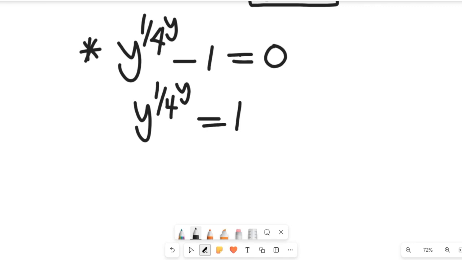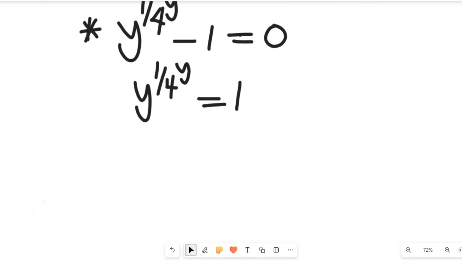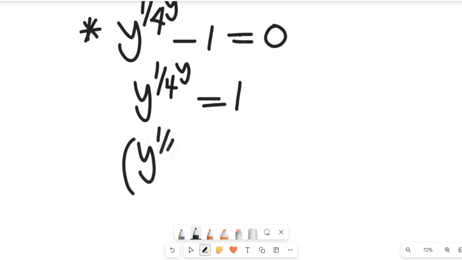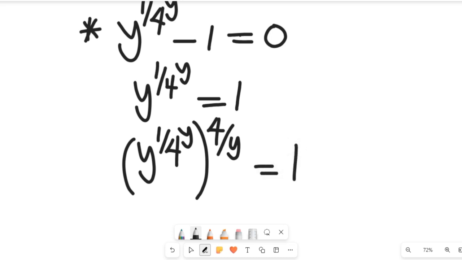So having done this, just as we did to the previous equation, we are going to multiply both sides by 4 divided by y, and this will be equal to 1 to the power of 4 divided by y.